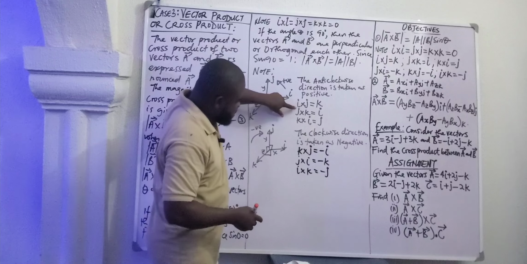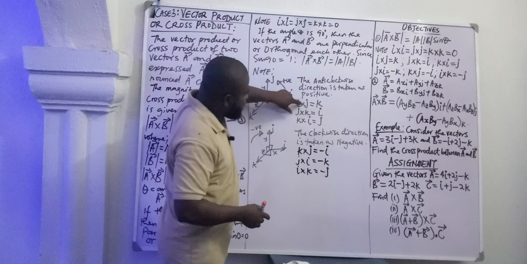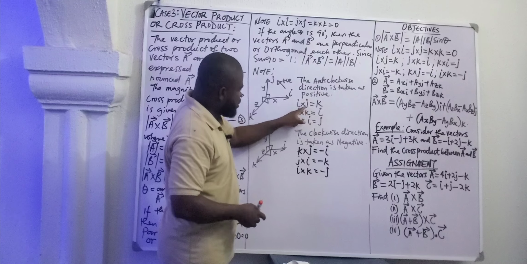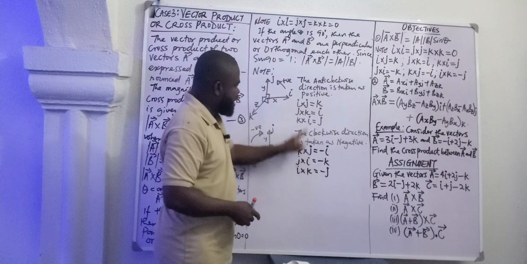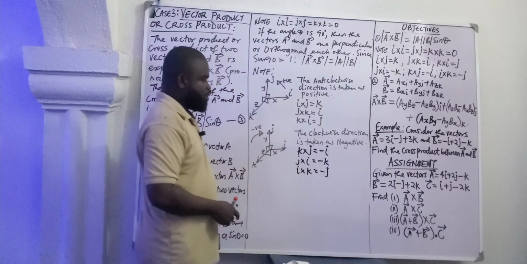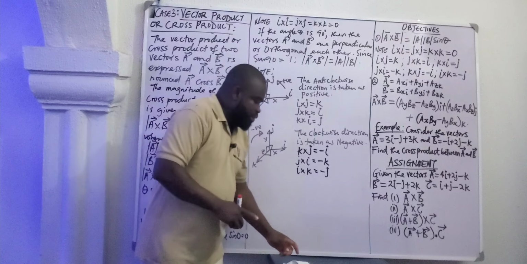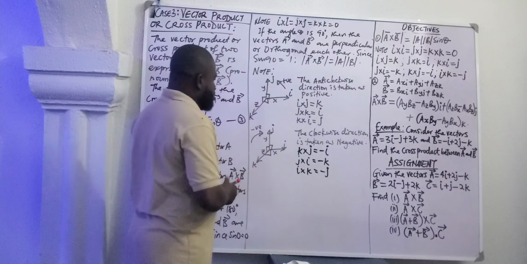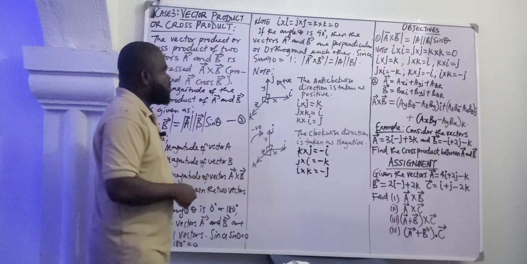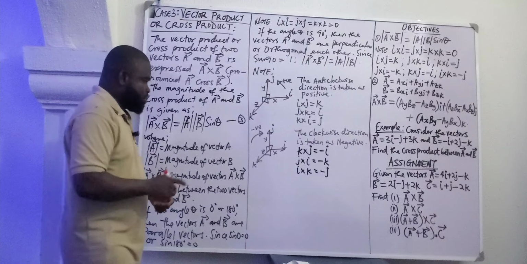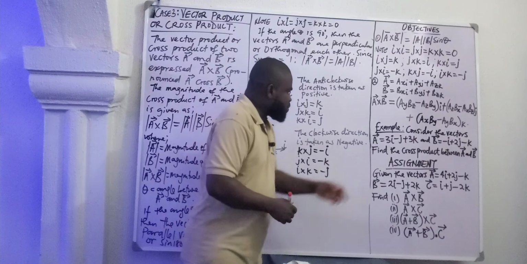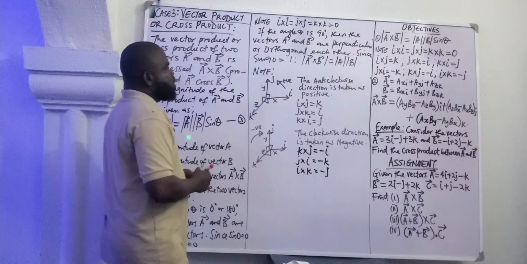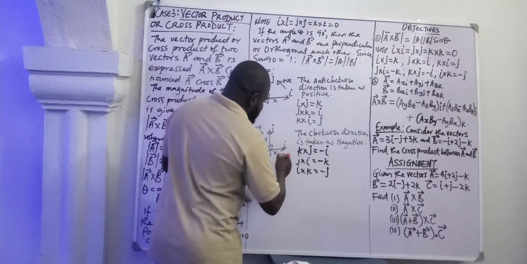So if you look at this, this is I cross J equals K. Here now, if I interchange it to be J cross I, it will be what? Minus K. So anytime the direction of a vector is reversed, a negative sign is put together with the value. Now we will establish a general example we will use to solve cross product of two vectors.